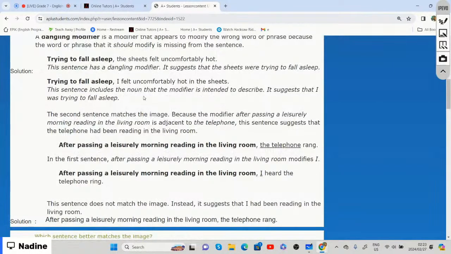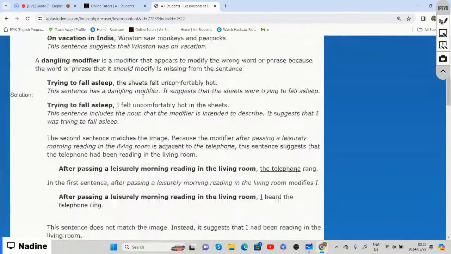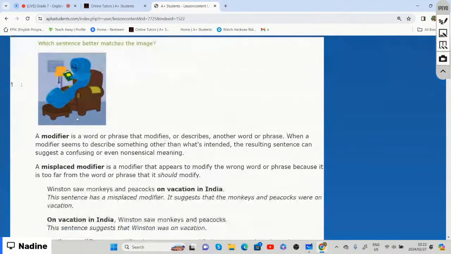And we specifically said, if we look at this picture, right, they say which sentence better matches the image. Like if we look at this picture once again, we have the telephone that is on the couch, basically relaxing or chilling and reading a book.